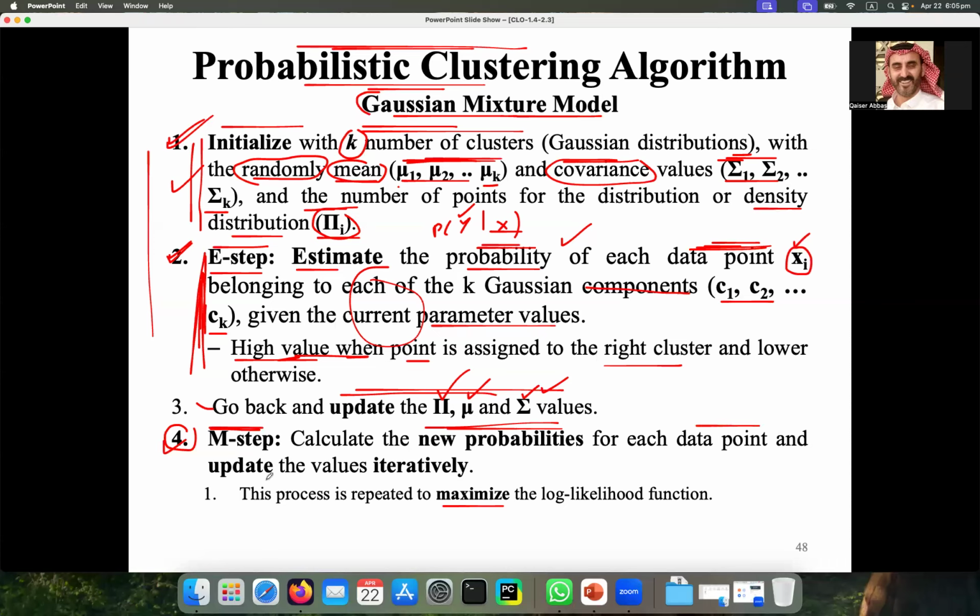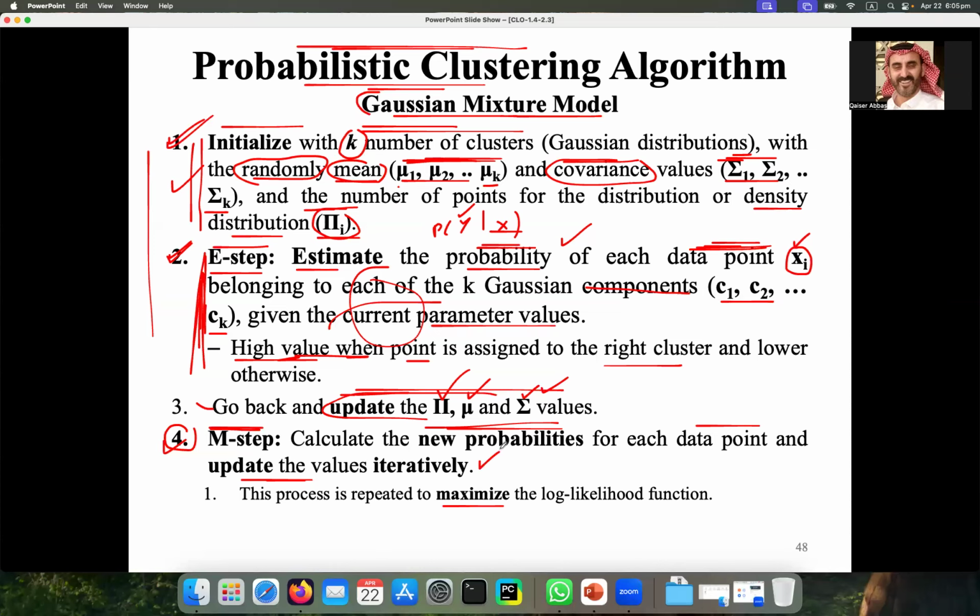And then you will update the parameter values from that previous step. Is this one? And then you will update the parameter values again, and you will keep on doing that iteratively.